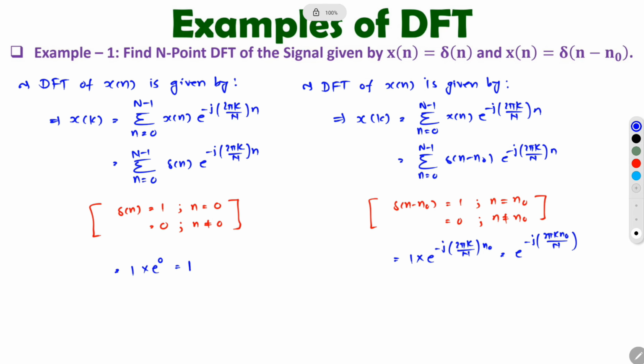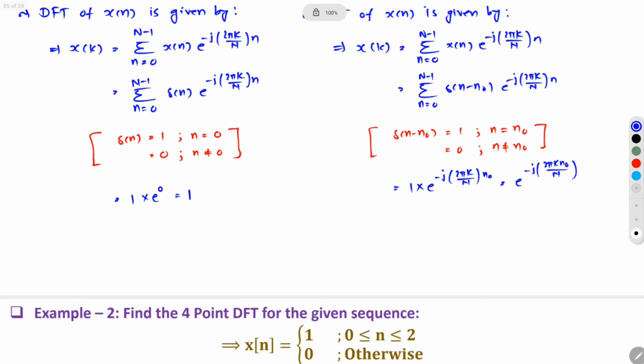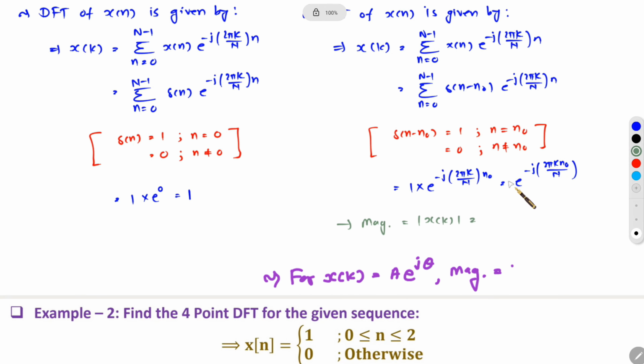Now here there are a few basics that one should know. If you talk about the magnitude of this, then here the magnitude of X of k, that is mod of X of k, will be 1. Always remember, if X of k is given in this form, where there is a constant a, then that constant a will be the magnitude. Here constant a is 1.